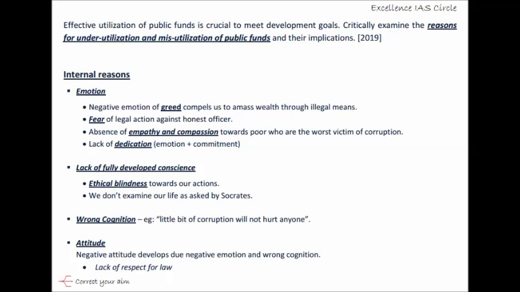See, this question: effective utilization of public fund is crucial to meet development goals. Critically examine the reasons for underutilization and misutilization of public funds and their implications. See, as such, if you want, you can segregate underutilization and misutilization, but the reasons will be overlapping. So if you don't segregate and write under one heading the reasons for both, that will also do.